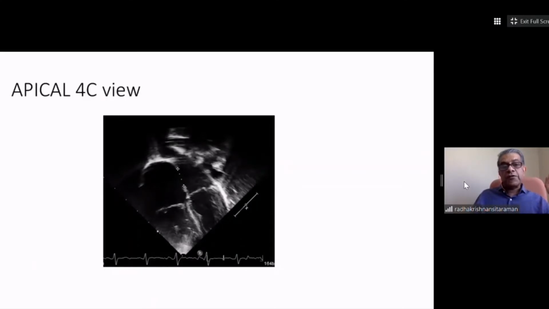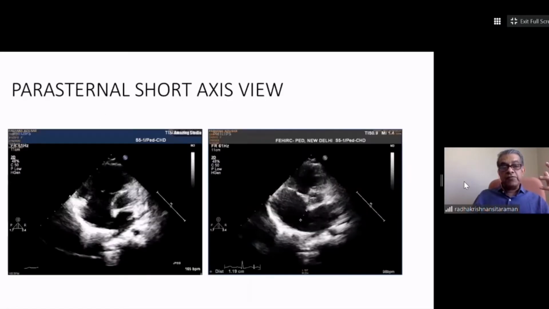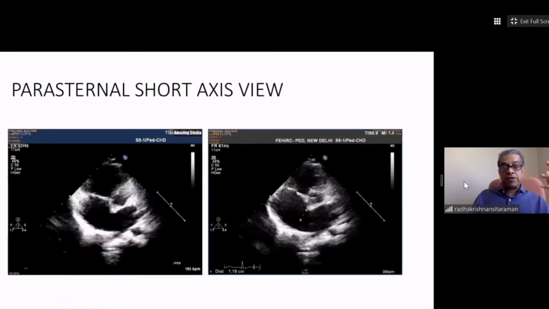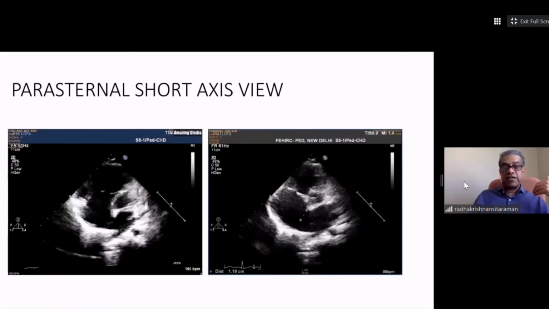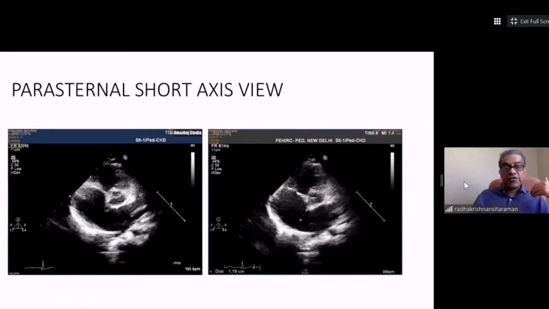This is the third view, which is the apical view, which measures the IVC rim. It also measures the AV septal rim. And finally, the fourth view is the parasternal short axis view, which looks at the posterior limb, which is actually the pulmonary vein rim.